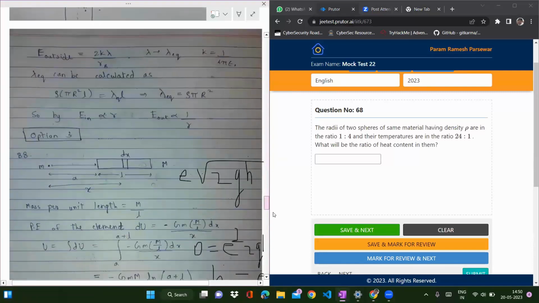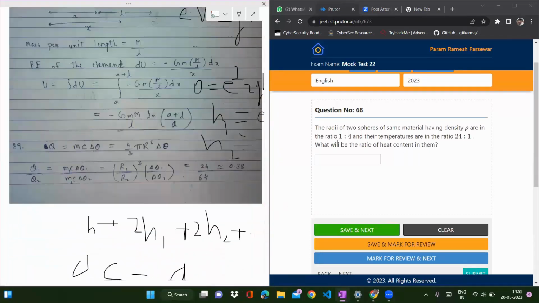In this question, it is asked for the heat content ratio, where two spheres are given, and the ratio of the radii of the two spheres having density rho is 1 is to 4 and the temperature ratio is 24 is to 1.